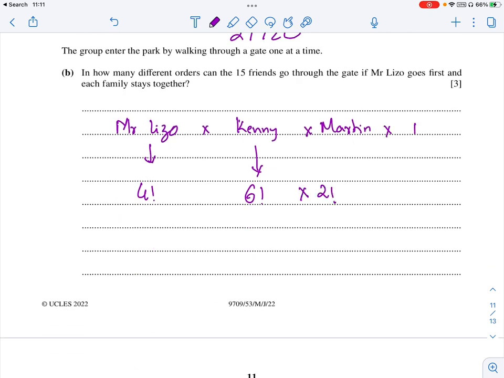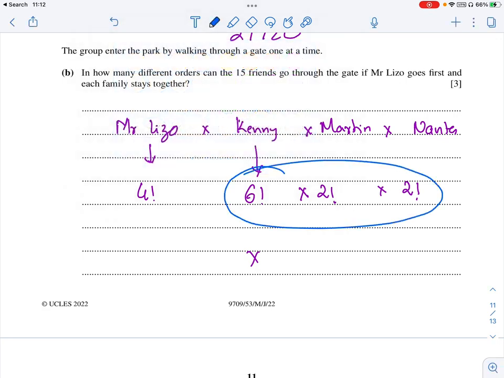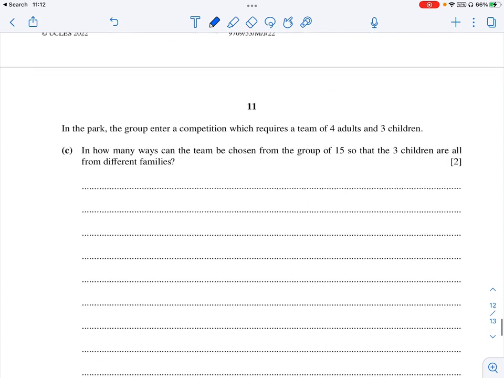And Nantes, only those 2 people are there, so it is 2 factorial. Times, we cannot change Mr. Lizzo, we can change only these 3 families, so times 3 factorial. So finally my answer will be 414720. Mr. Lizzo will always be first, and the remaining 3 families can be arranged among themselves in 3 factorial.